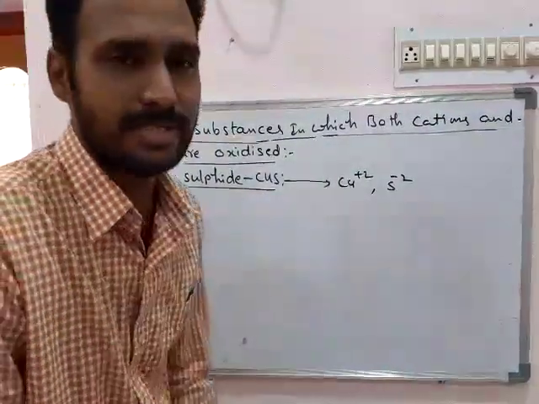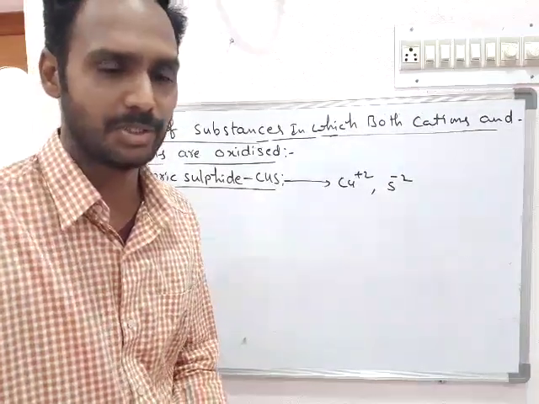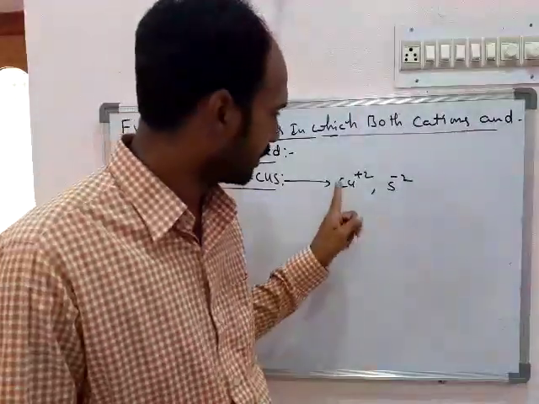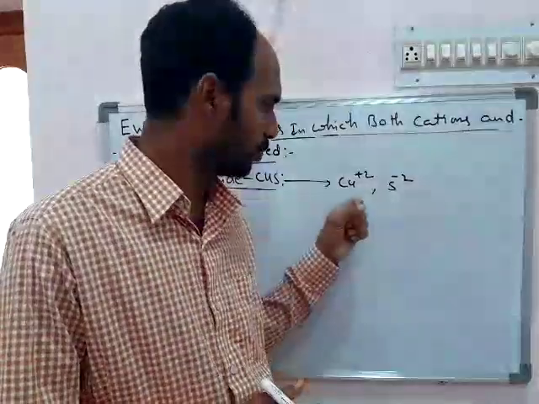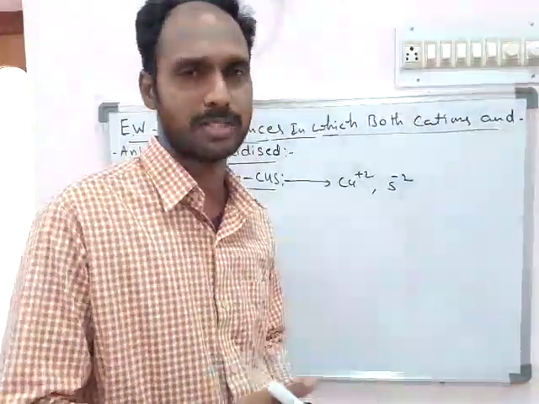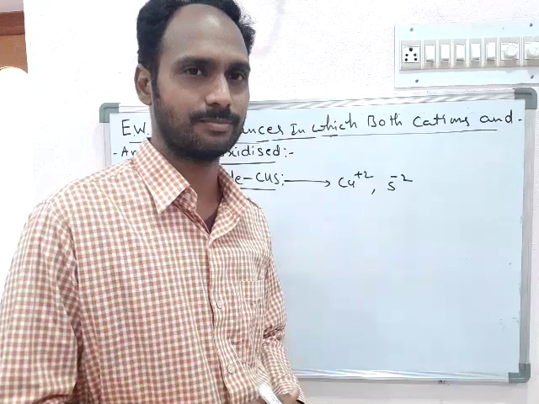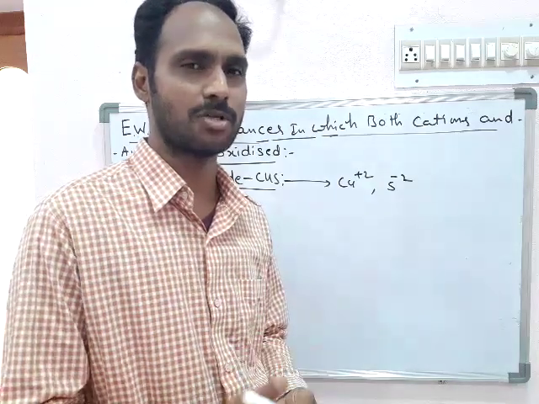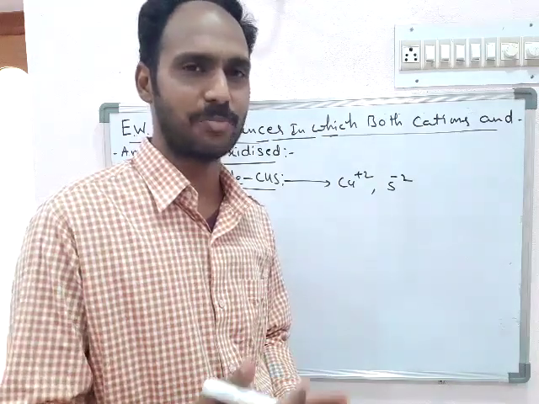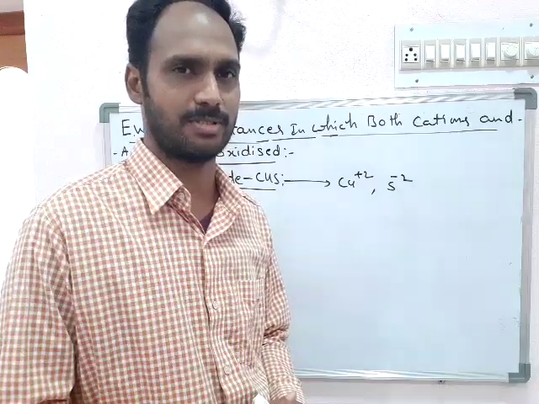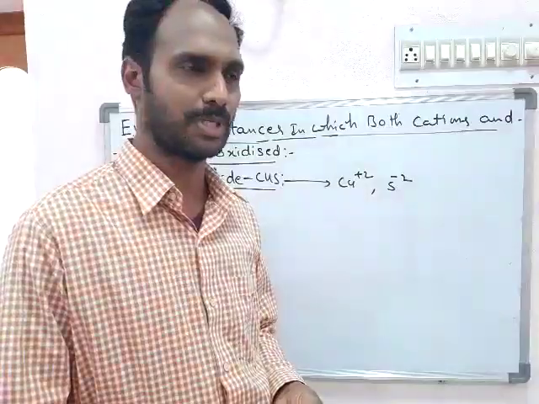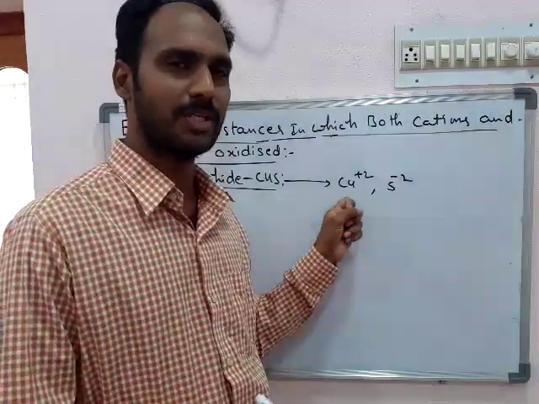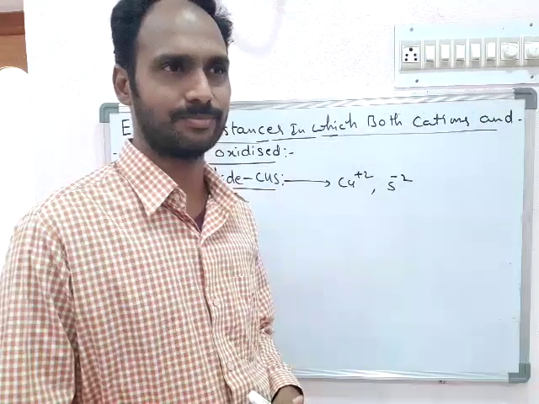We know that copper exists in 2 forms, cuprous and cupric. Here cupric is already there, so there is no possibility for the cupric ion to oxidize into another form. Just like ferrous can oxidize into ferric, but ferric cannot be oxidized into other species. In the same way, cuprous can oxidize into cupric, but here cupric is already given, so cupric cannot be oxidized.